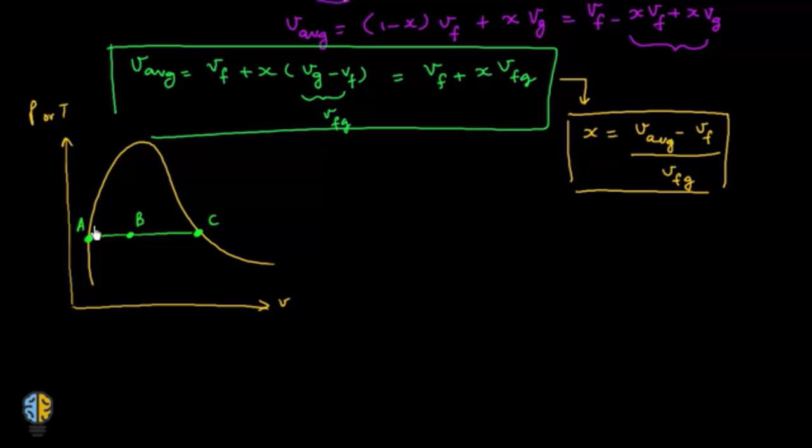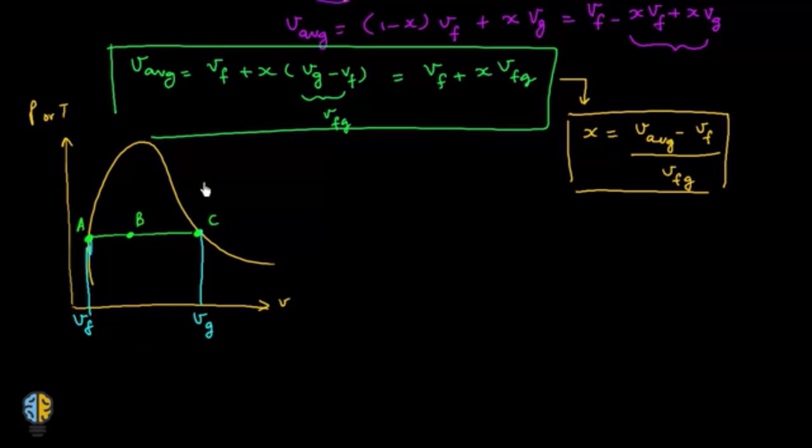Okay, so in this we have this process which is given to us. Now point A is a saturated liquid state, so this can be taken to be Vf, and C would be taken to be Vg.